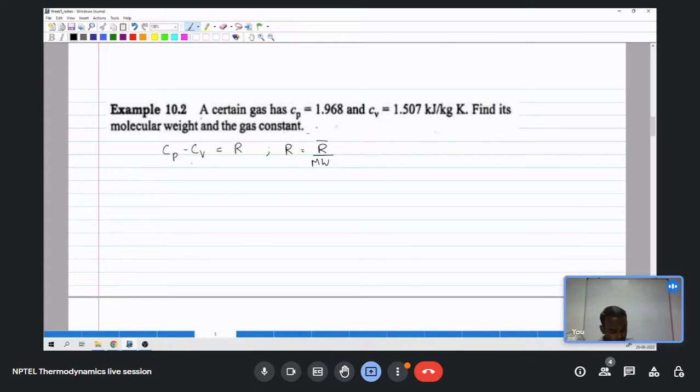So this is very simple. Now R is CP minus CV in kilojoule per kg Kelvin. So this is 1.968 minus 1.507. Since this is in kg, I multiply it with kilojoule, I am multiplying it with 10 power 3.